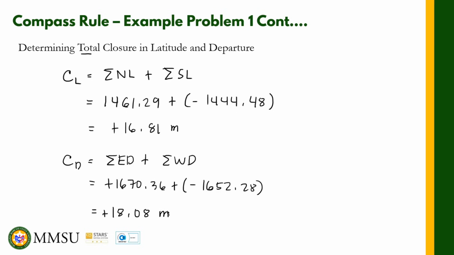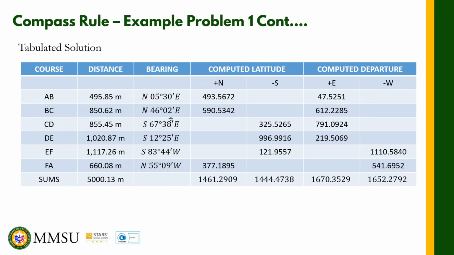Okay? Kapag na-compute na natin ito, we can tabulate itong data natin sa table. Itong table na ito. Okay, so yan na yung computed latitude natin and the computed departure. Okay, ano pang kailangan natin dito? The sum. Andito na yung mga sums natin. Okay, and kailangan natin ito. Okay, the total distance.